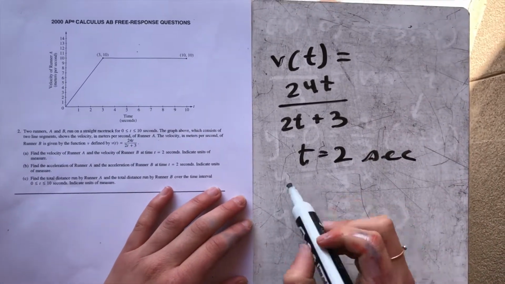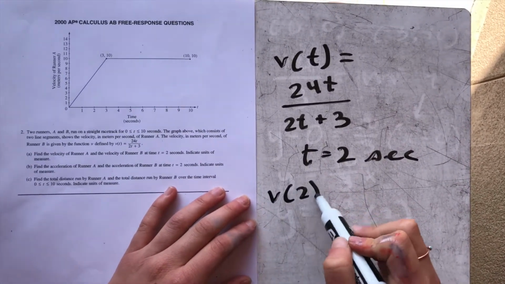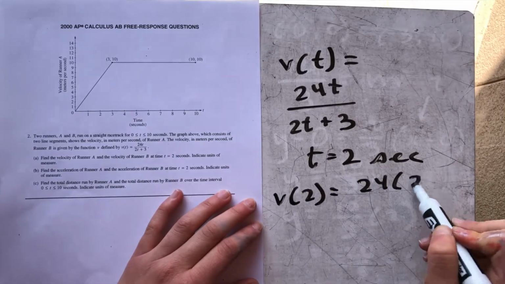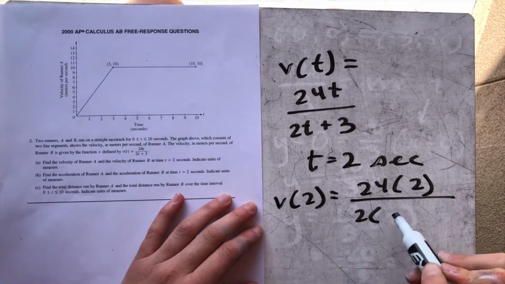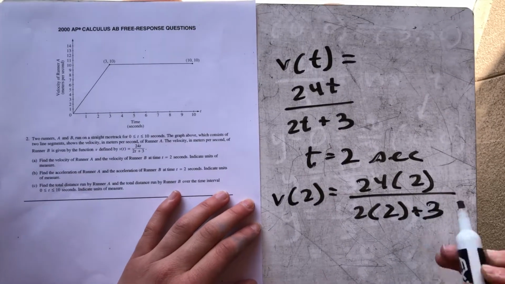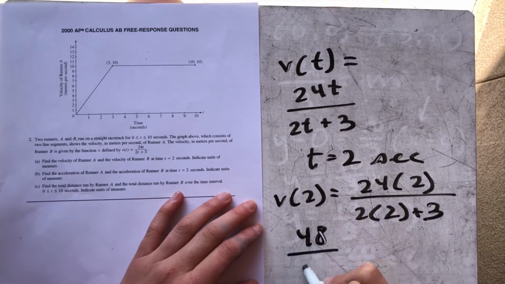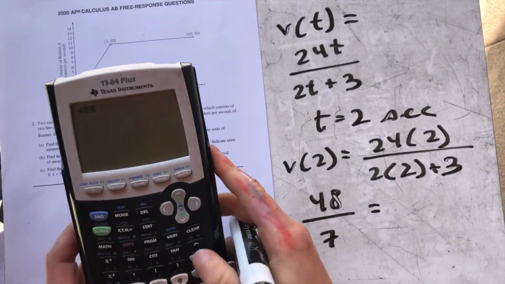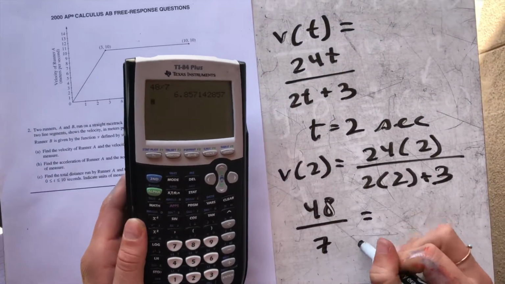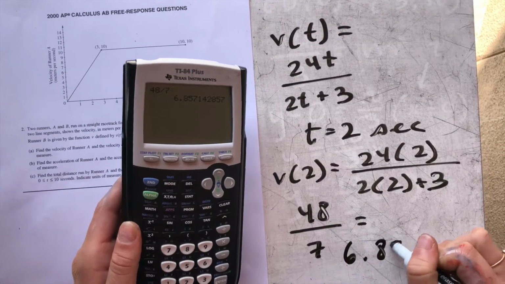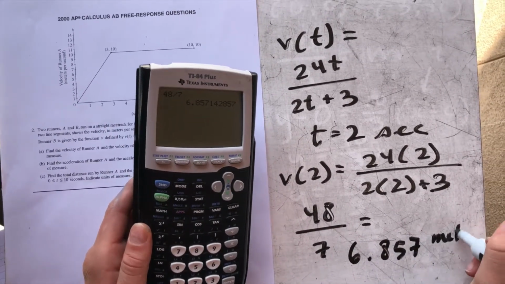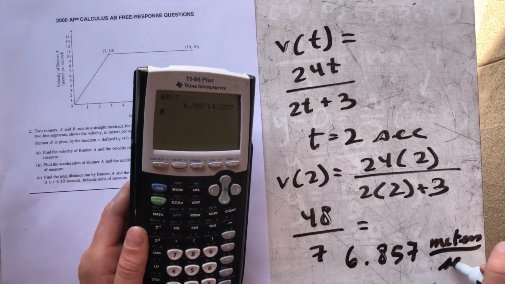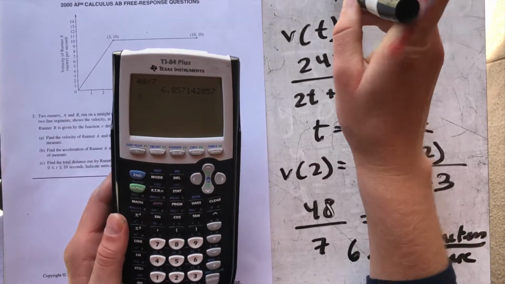So you plug in 2: v(2) equals 24 times 2 over 2 times 2 plus 3, which gives 48 over 7. Plugging it into the calculator, 48 divided by 7, the answer is 6.857 meters per second for runner B.